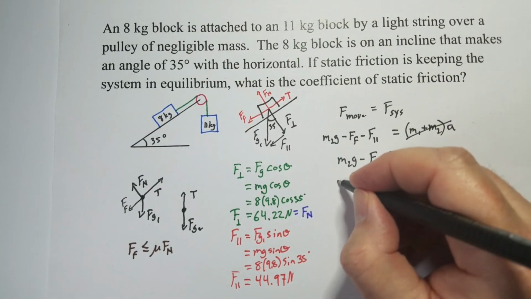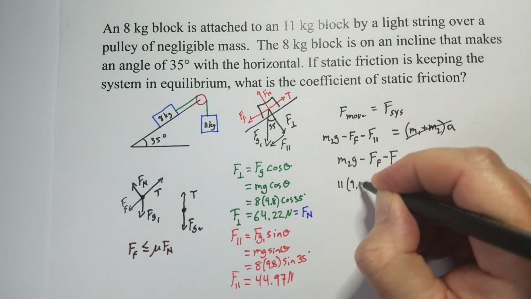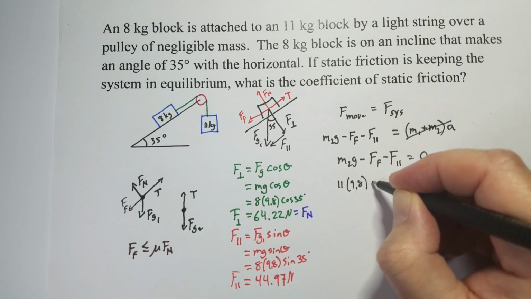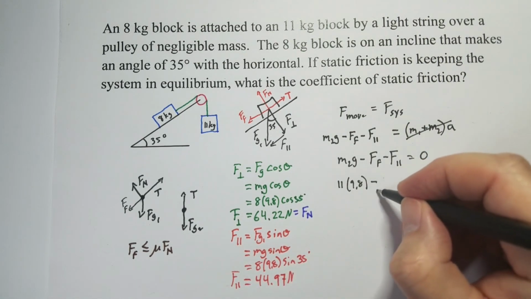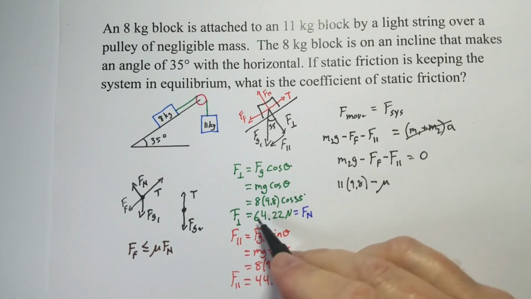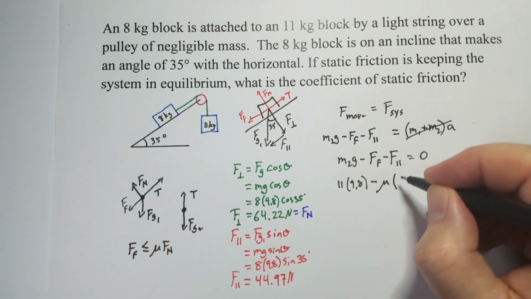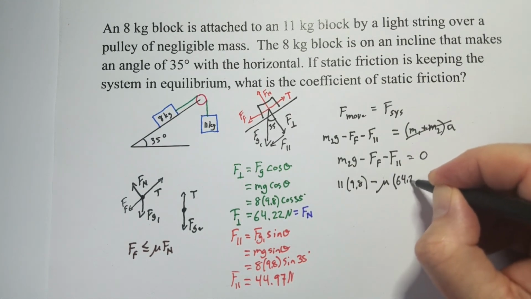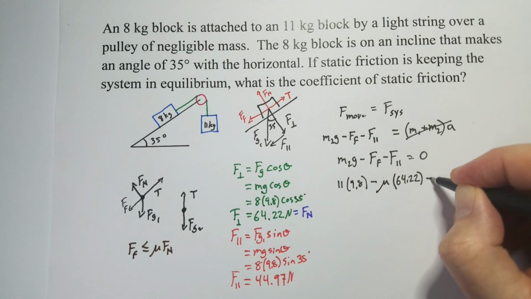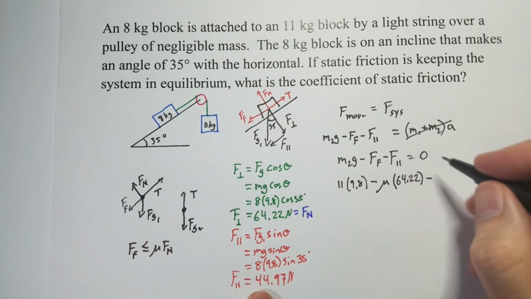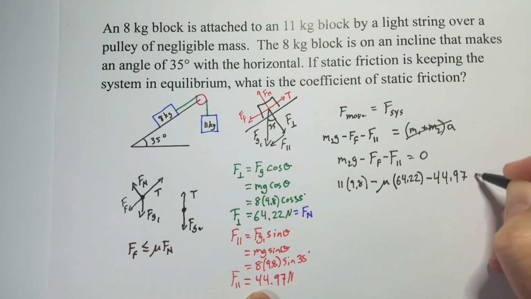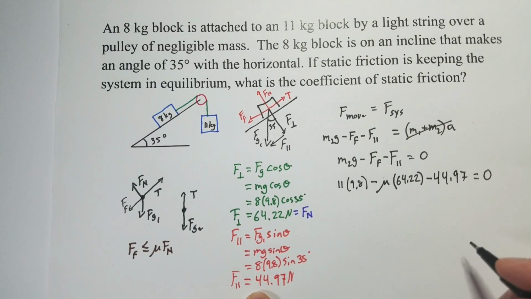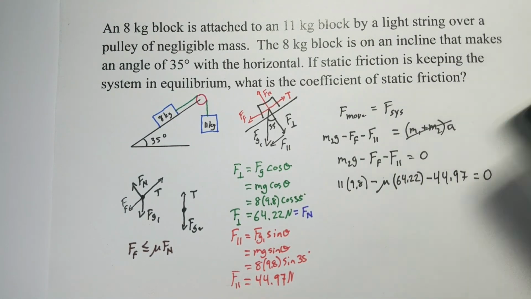So that's 11 times 9.8 minus force of friction, which is mu times the normal force, which is, in this case, 64.22, minus the force parallel, which was 44.97, equals 0.